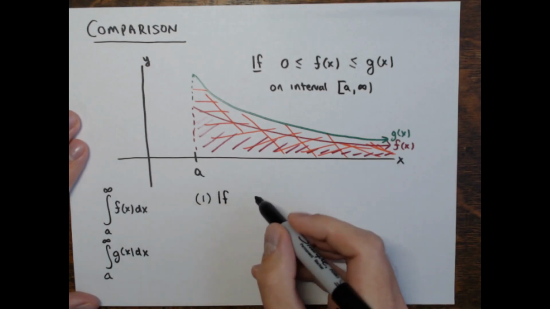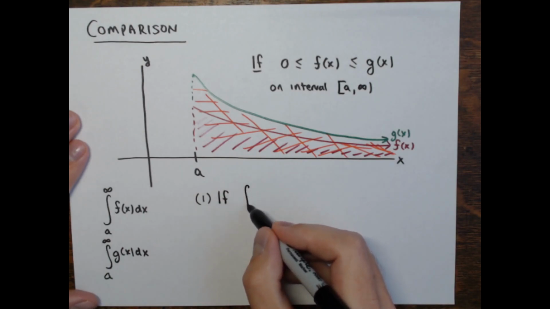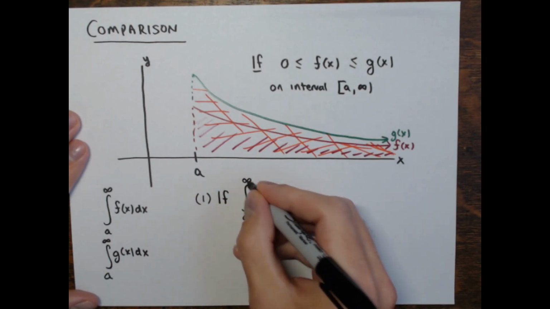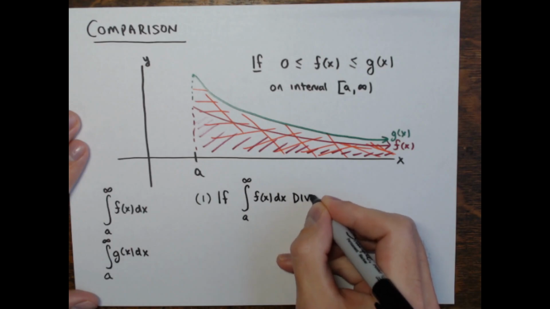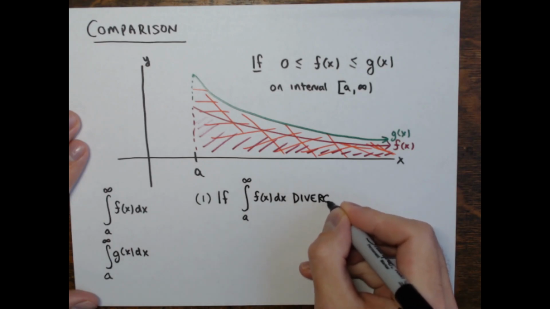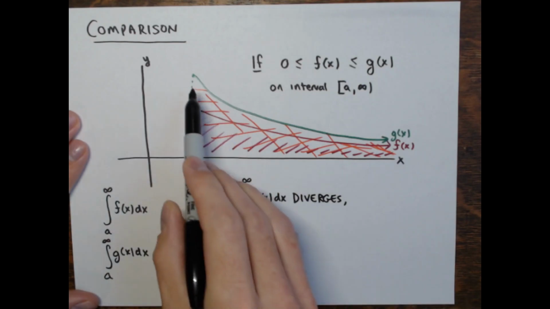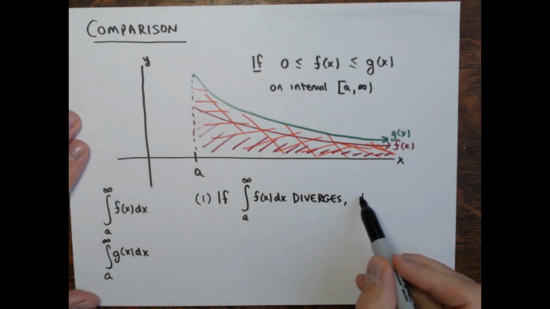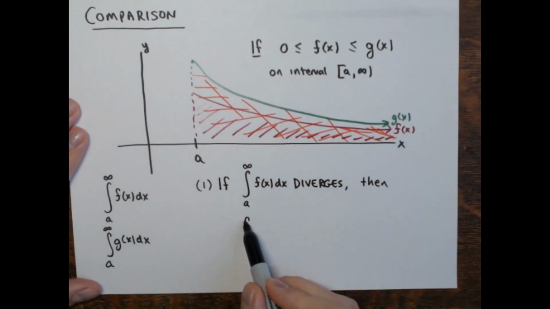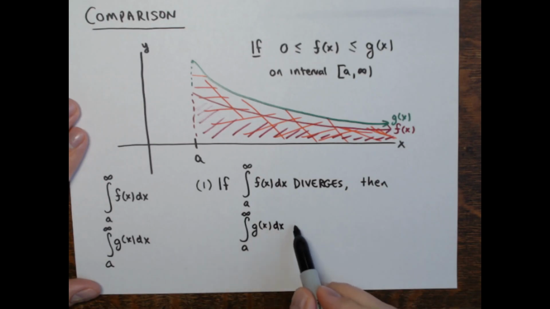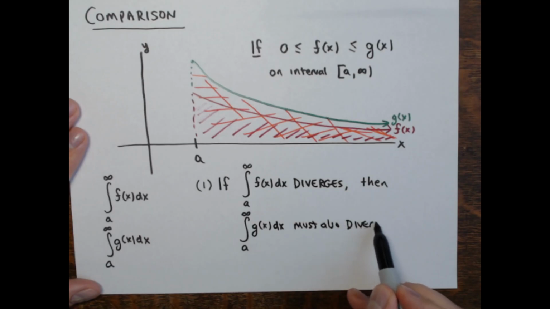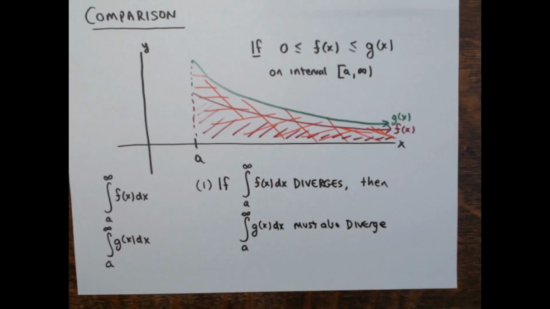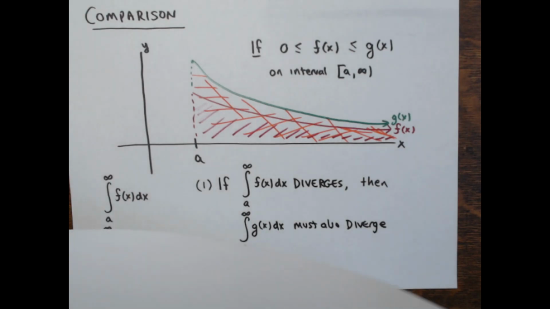So if the integral from a to infinity under f diverges, then so does the bigger one, right? Then the integral from a to infinity of g must also diverge. All right, so that's one thing we can tell from this.